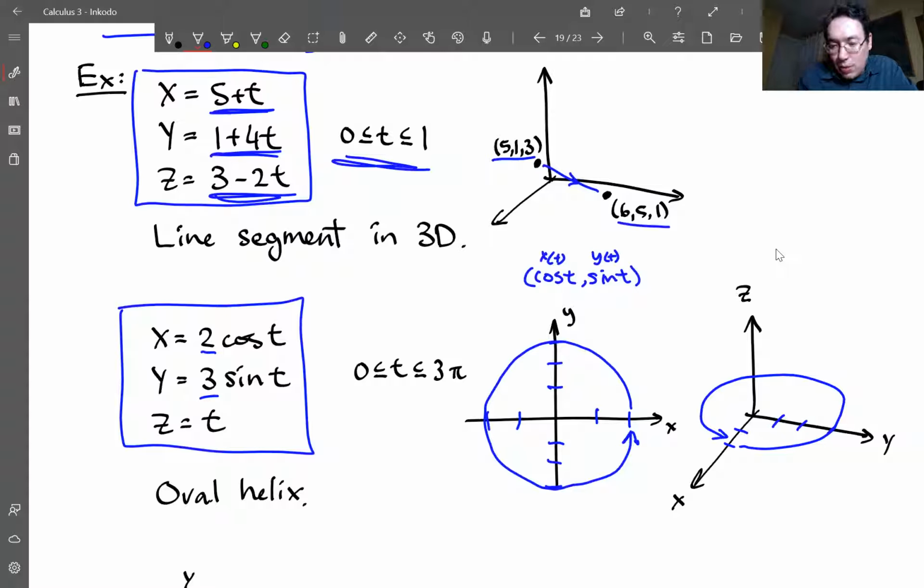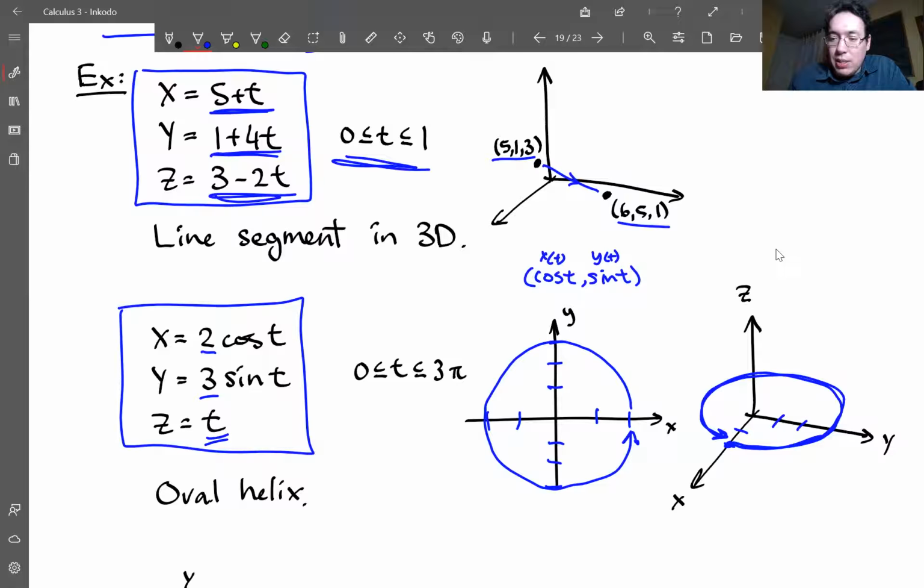Okay, so you start with the positive x-axis and kind of go counterclockwise and wrap around. But as it's doing that in the xy plane, the z value is actually increasing.